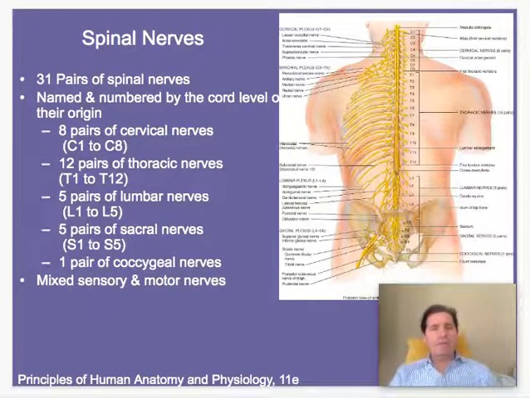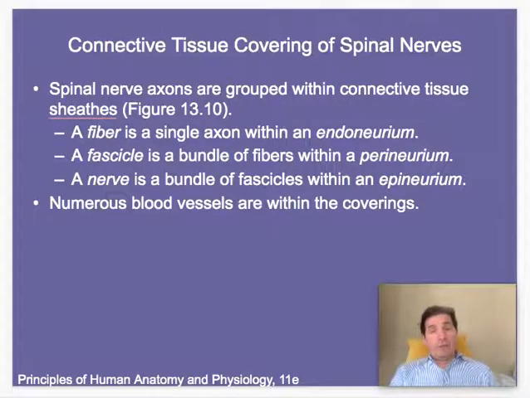So when we're looking at these different spinal nerves, we can name them and number them, and they're numbered according to where they are. But all of them are mixed. That means they have both sensory and motor. When we look at nerves, this is interesting because if you think back about how muscles were organized with coverings and then grouped and then covered and then grouped, we have a very similar arrangement with the nerves.